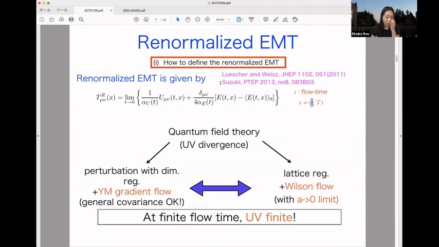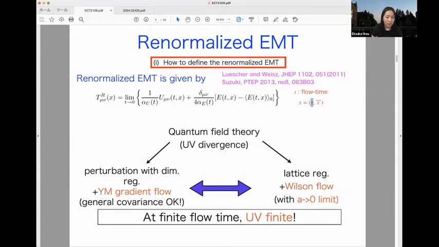According to Suzuki-san's paper, he gave the coefficients alpha U and alpha E using the following discussion. Using Suzuki-san's coefficients, we can obtain the renormalized energy momentum tensor from the lattice observable.